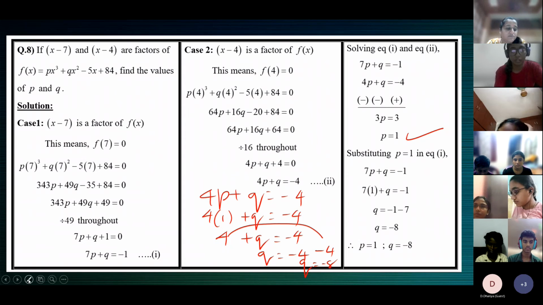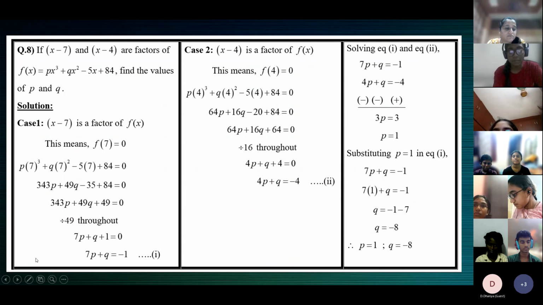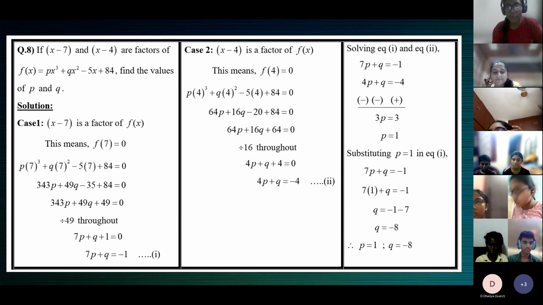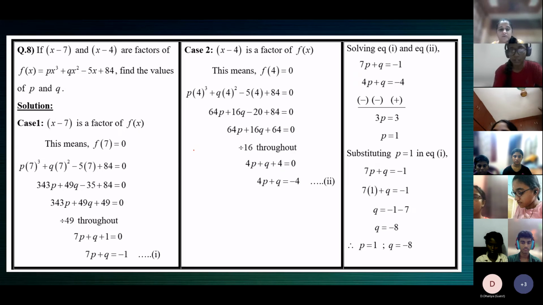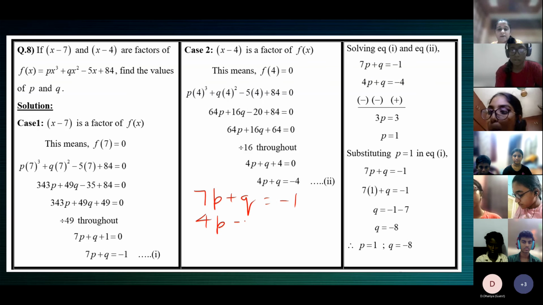Yes, Devadarshini? Yes, ma'am. Ma'am, in this sum, to eliminate plus q and plus q, we are changing the signs. For all these sums, we need to change, or only for this case? See, supposing you have 7p plus q is equal to minus 1, and supposing you have 4p minus q is equal to minus 4.